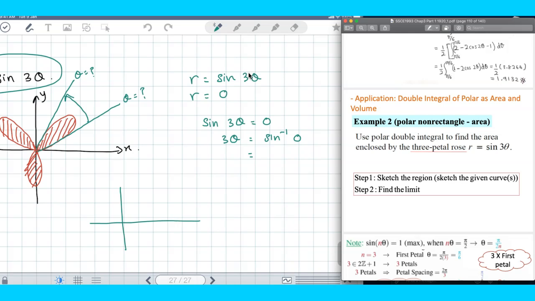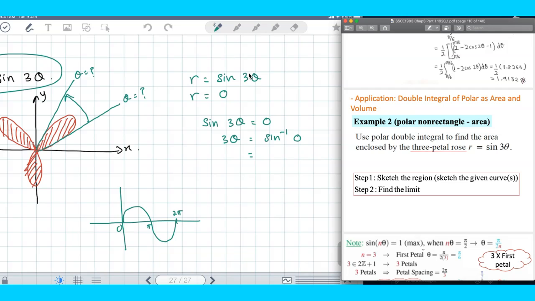Since we are only interested in the first quadrant, let's look at the graph of sine. For the graph of sine, one cycle, this one is 2 pi, and this is pi, so this is 0.